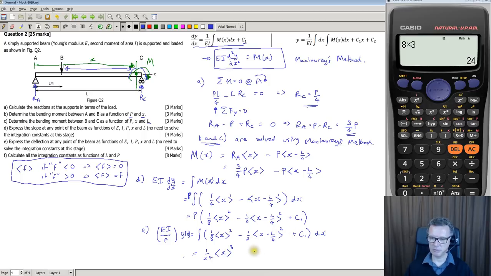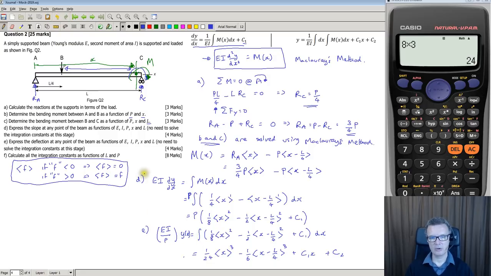And this will come to the power 3, so that's 1/6. C1, need to integrate that with respect to x. So put an x there, and then we're going to finally have our integration constant C2. And that's it. So that's part E done. We found an expression for the deflection, which is the y term there.